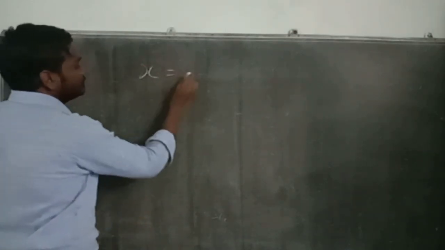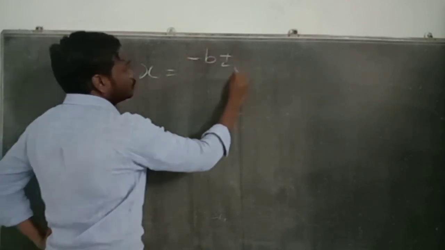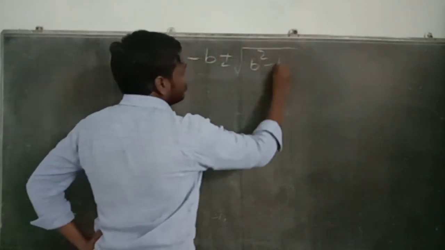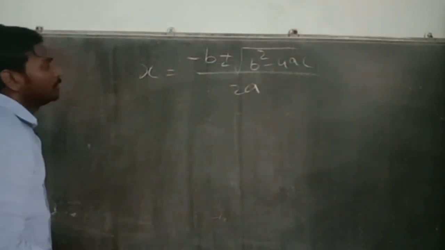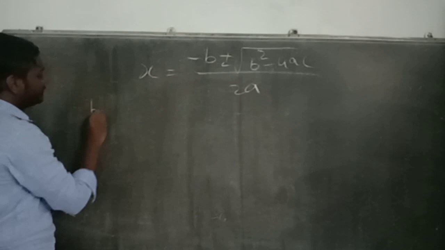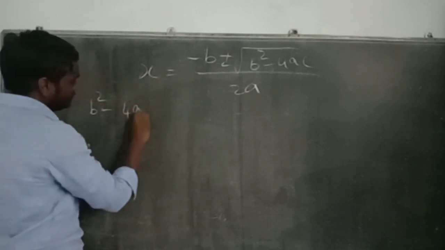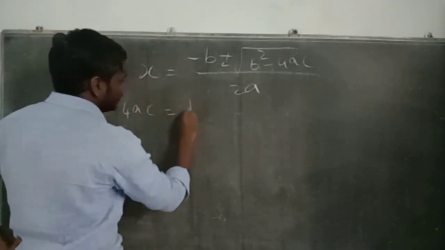Another important point from this formula, x is equal to minus b plus or minus root over b square minus 4ac divided by 2a. Here, b square minus 4ac is called the discriminant.